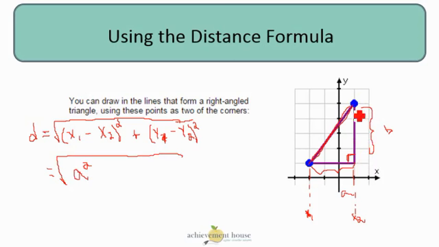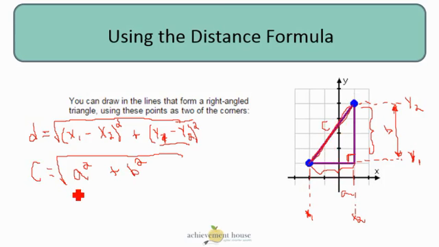This side of the triangle here, we already said is y2 and y1, and so that distance there is the difference between the two, which I have here, so I'm going to put B there. And this side over here, I'm going to call that C. So the distance between those 2 points is the same as the side length of C.